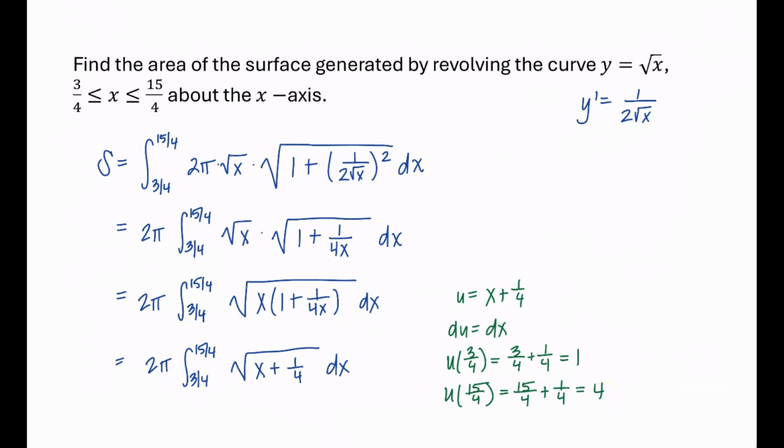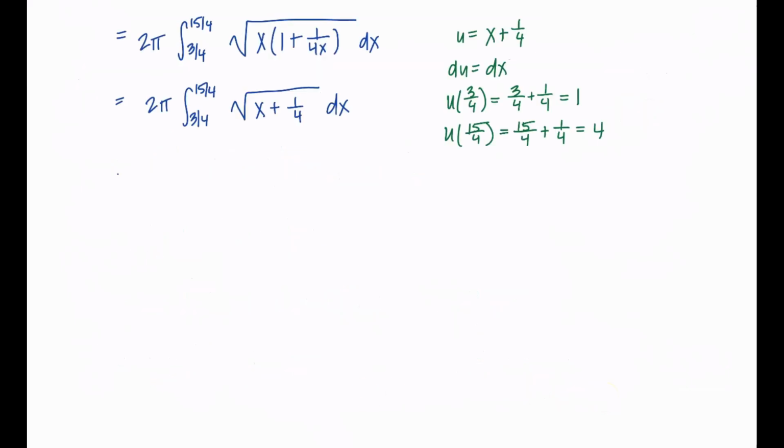Let's give ourselves some space. So let's write 2 pi, the integral from 1 to 4, and then we have just the square root of u du, or basically u to the 1/2. So we're looking at 2 pi, and then the antiderivative of u to the 1/2 is u to the 3/2 times the reciprocal 2/3, evaluated from 1 to 4.